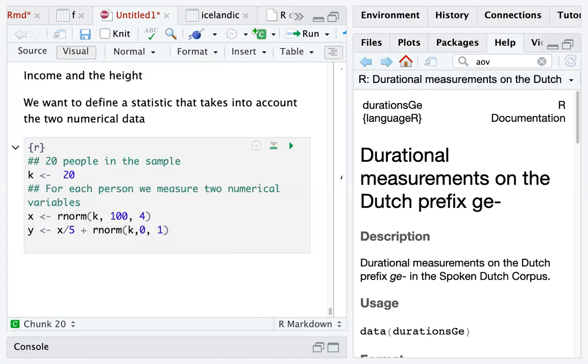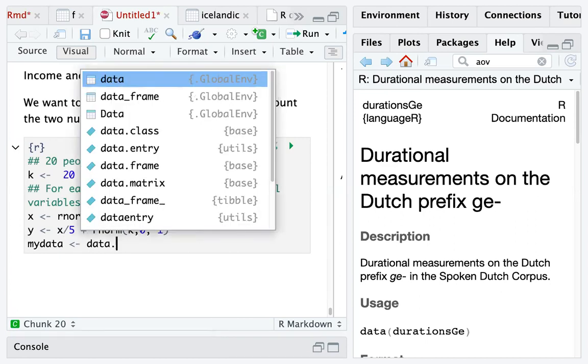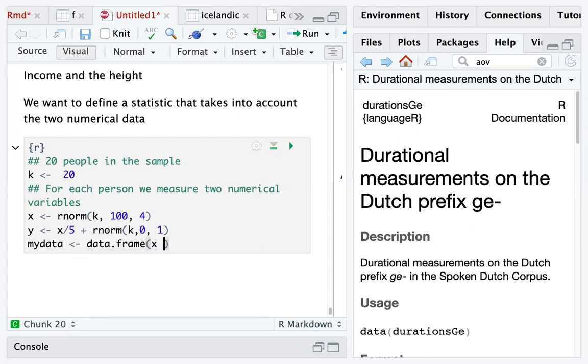So first we bind them together. So my data is a data frame. And we plot the points.